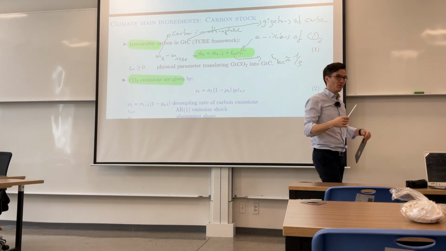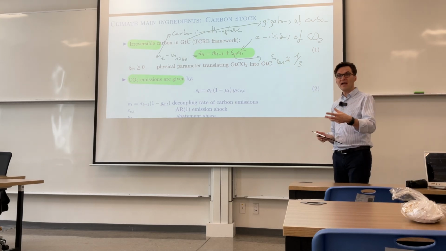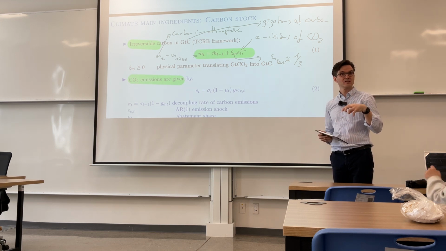So when you talk to climate scientists who study climate change, they have measured that 1 ton of additional CO2 generates 1/3 of a ton of carbon in the atmosphere. In other words, not all the CO2 that the world is emitting ends up in the atmosphere, because trees absorb part of that CO2.